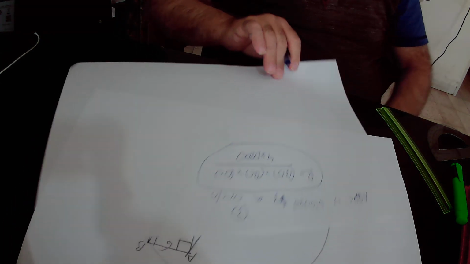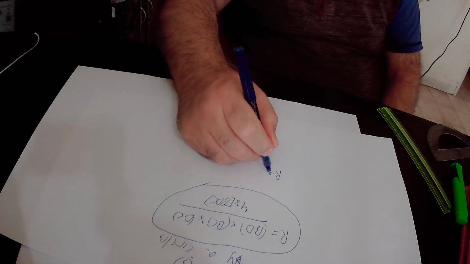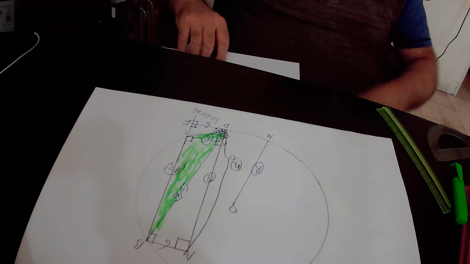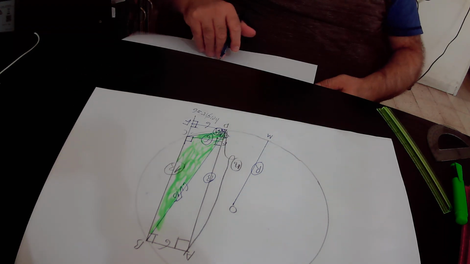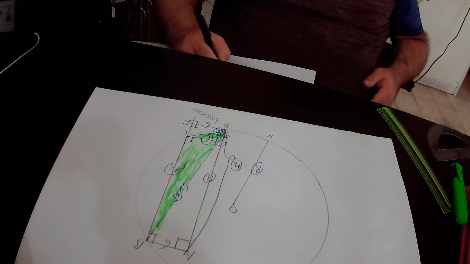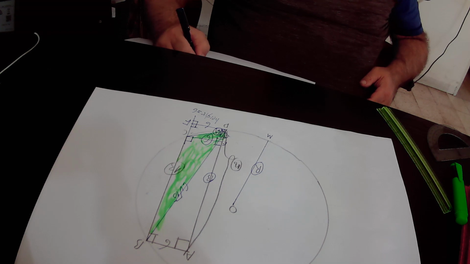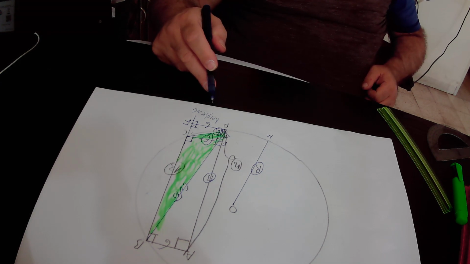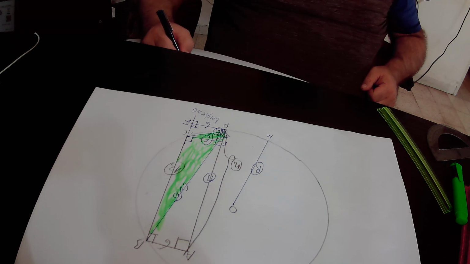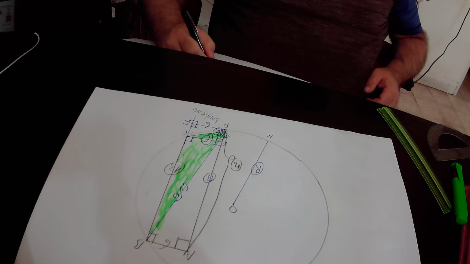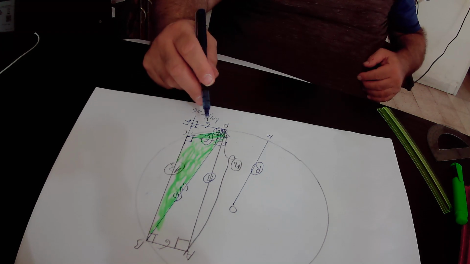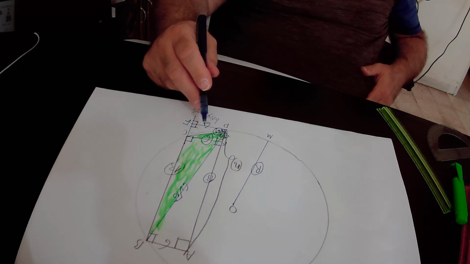So the radius of this circle that blocks the green triangle BDC will be equal to BD, which equals 6 times square root of 10 units, times BC, which equals 13 units, times DC, which equals the square root of 61 units, over 4 times the area of this green triangle BDC that is blocked by the circle.